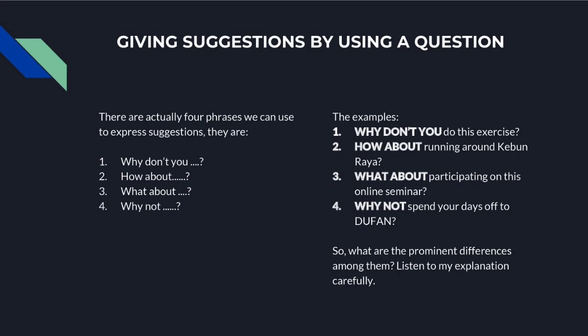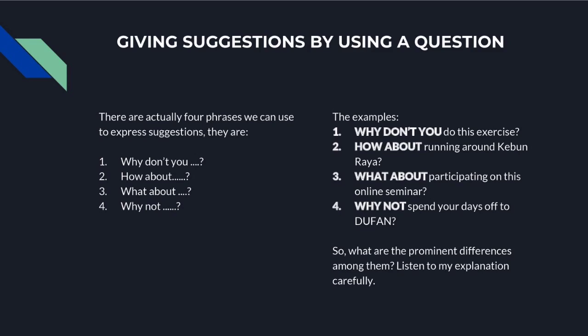Okay, the verb placed after why don't you is the base verb or verb 1, like do this exercise, do. And the verbs placed after both how about and what about are in the form of gerund or verb ing. And why not?